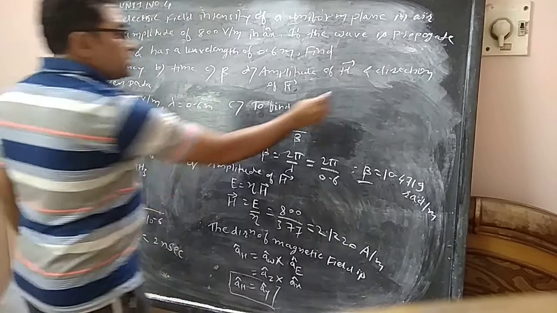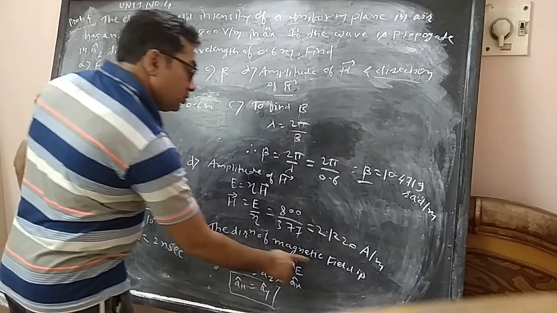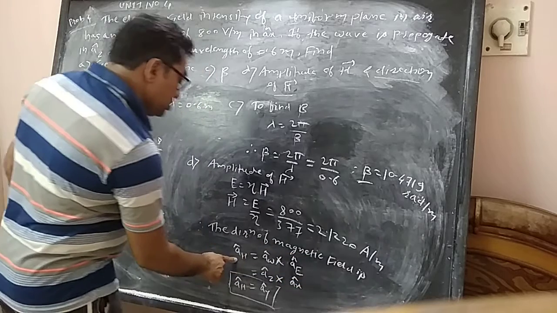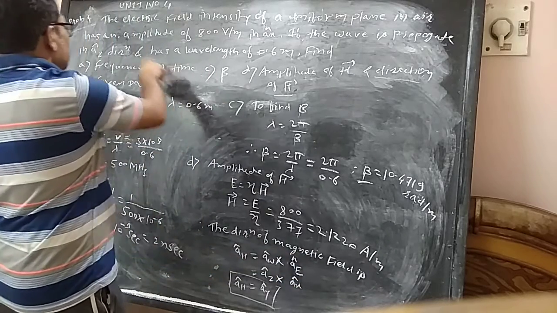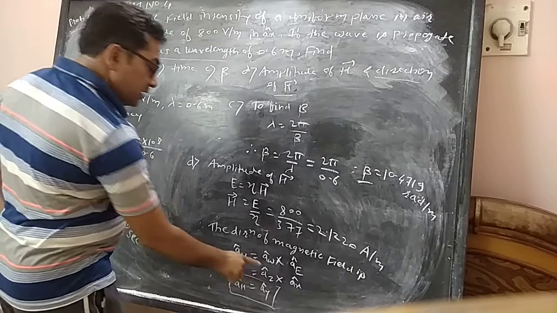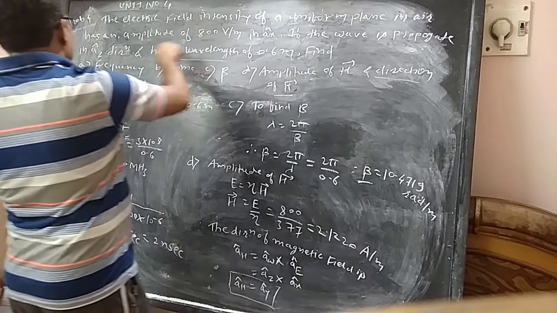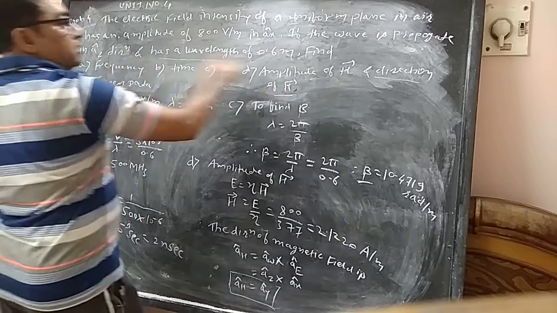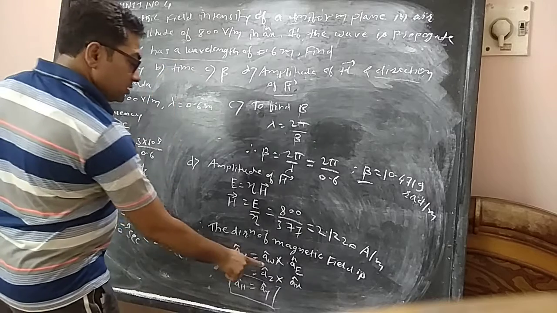Now it is also asking in the problem the direction of H vector. So the direction of the field with respect to H vector, is given by the wave direction, aW, which is aZ, since the wave is propagated in the Z direction.